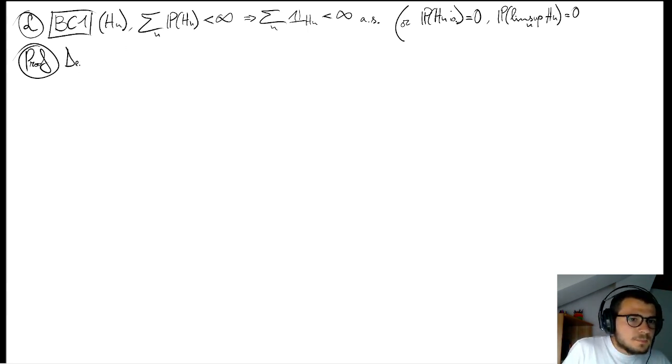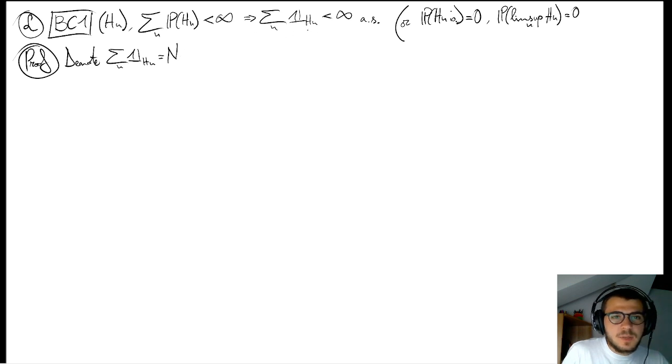Denote the sum over n of these indicators and call it n, and recall that indicators are actually Bernoulli random variables, if you want.